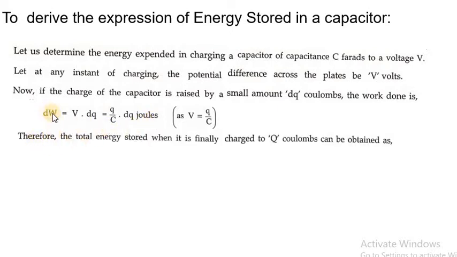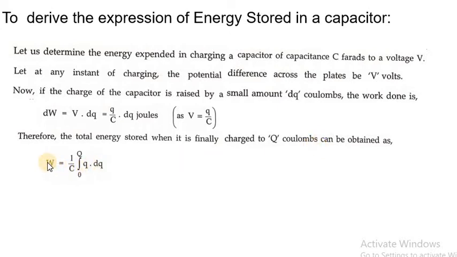Now this is the energy stored in a capacitor for a small charge dq. But we have to find the total energy stored when the capacitor is finally charged up to capital Q coulomb. So we have to find the total work done.